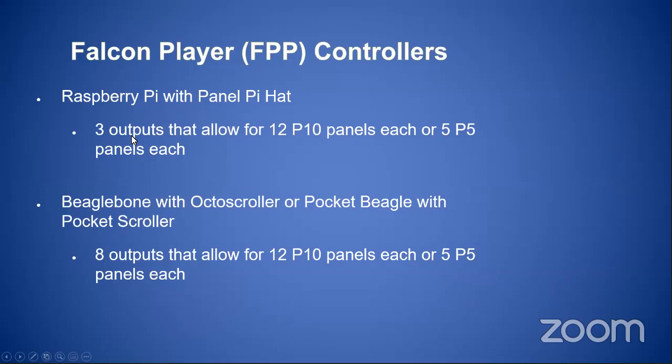The main difference between the two is the BeagleBone is actually a slower computer than the Raspberry Pis for the most part, unless we're talking about maybe the zeros. But the BeagleBone has got some onboard real-time processors as well. And what that allows is for the main processor to just offload all of the things having to do with panel and making the panel signal to those real-time processors.